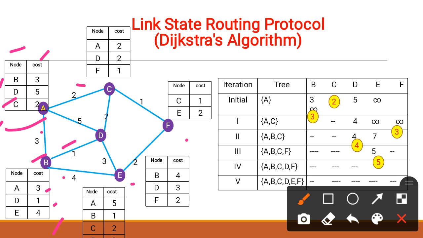Likewise, C is connected to A, B, E and D. Then the E node will connect to B, D, F with the cost 432. F is connected to only two nodes, C and E, with the cost 1 and 2. And lastly, D is connected to A, F, C with the cost 2 to 1.